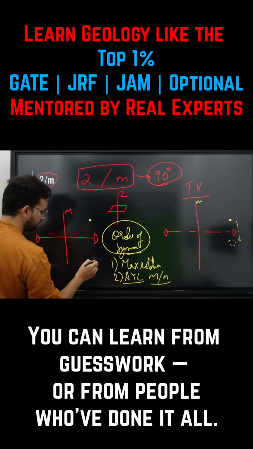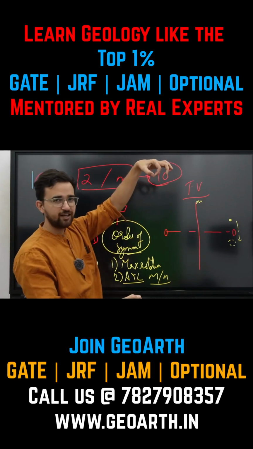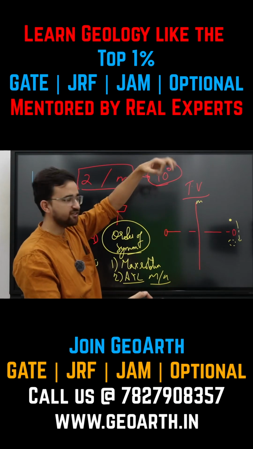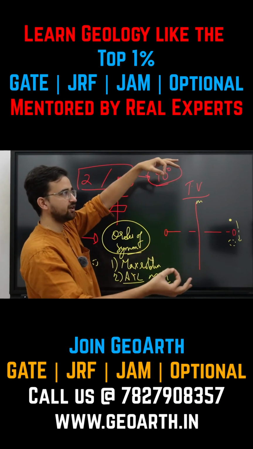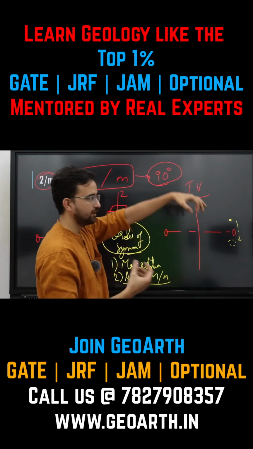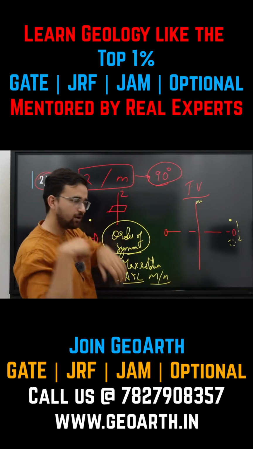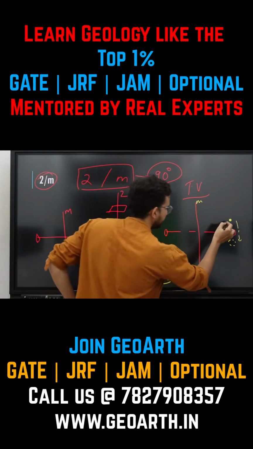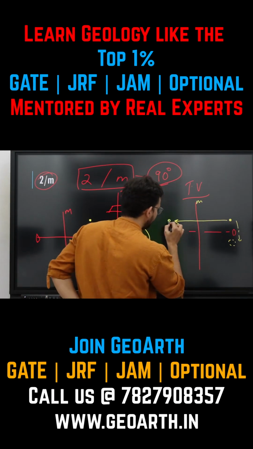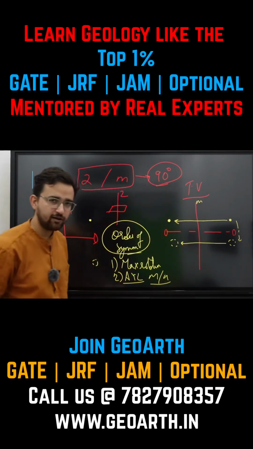What will happen if a mirror plane is to the east, to the west of them? That means these are the two motifs and my body is the mirror plane, right? The mirror plane is towards the west. What will happen? My body will create a mirror image behind my back. So this one will have a mirror image here and this one will have a mirror image here, right?